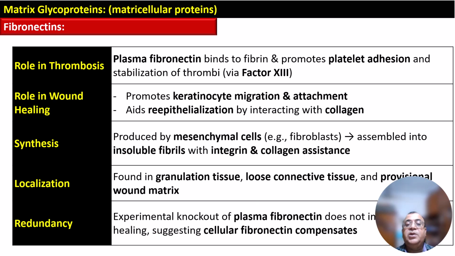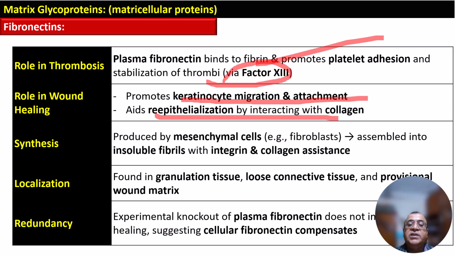The plasma fibronectin binds to fibrin, promotes platelet adhesion and stabilizes the thrombi by factor 13 transglutaminase. It promotes keratinocyte migration and attachment in wound healing and aids in re-epithelialization by interacting with collagen.